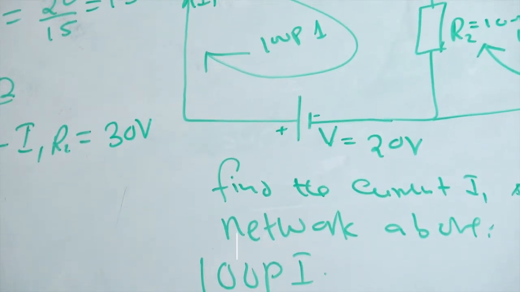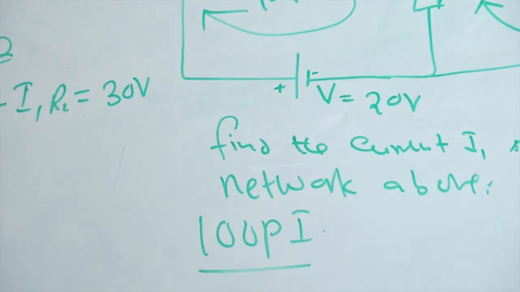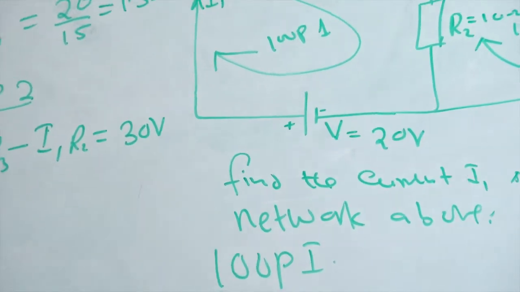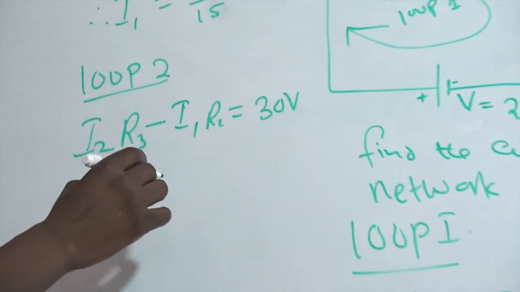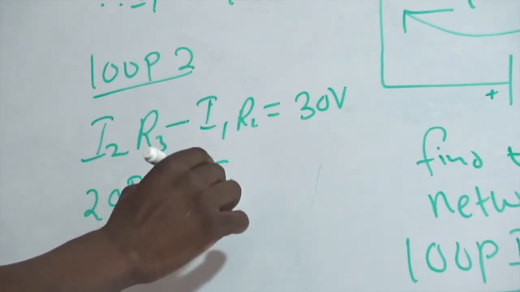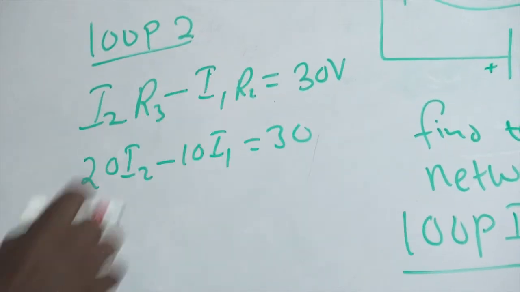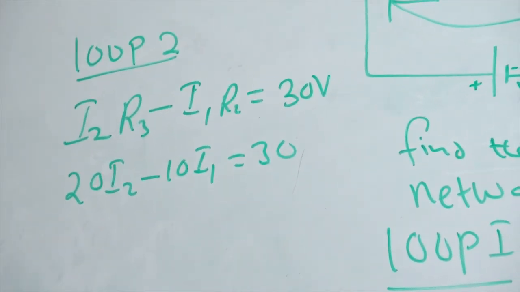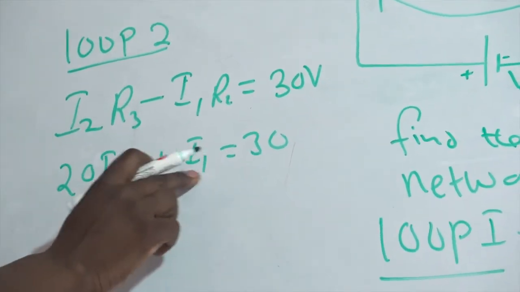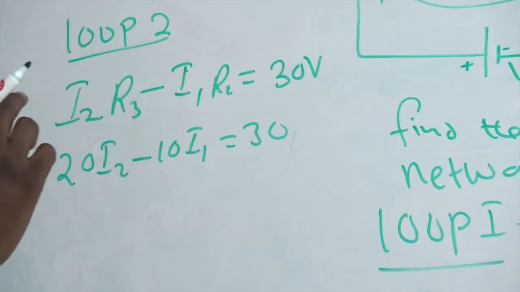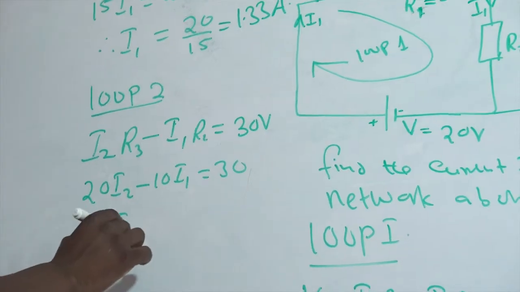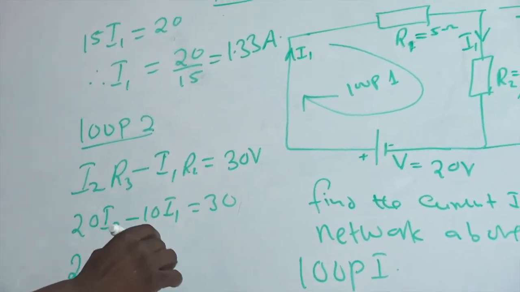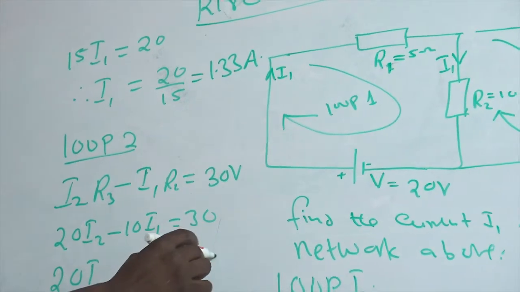Now I2 is not known, but R3 is known. We have 20 I2 minus 10 I1 equals 30. But the value of I1 is known, it is 1.33. So we have 20 I2 minus 10 times 1.33 equals 30.